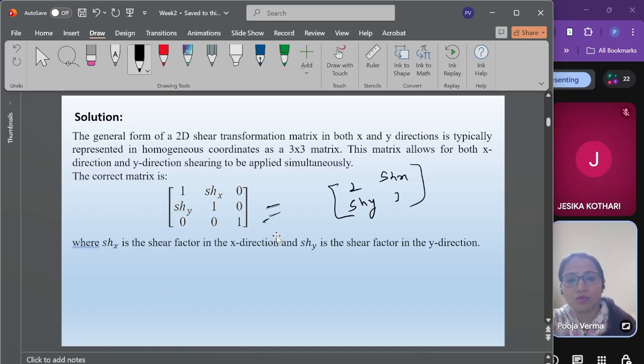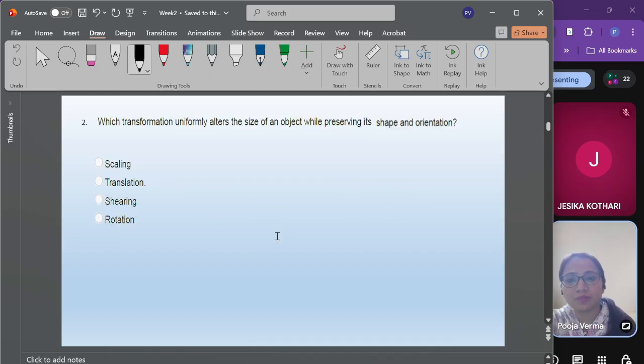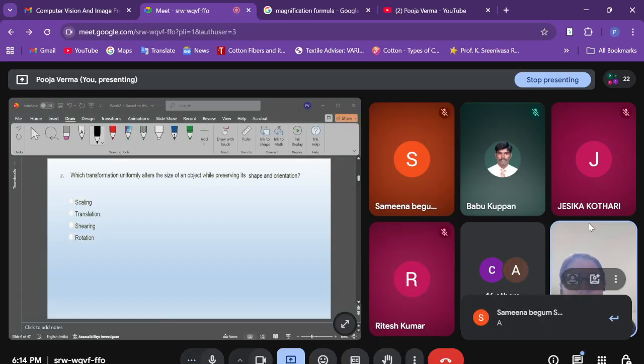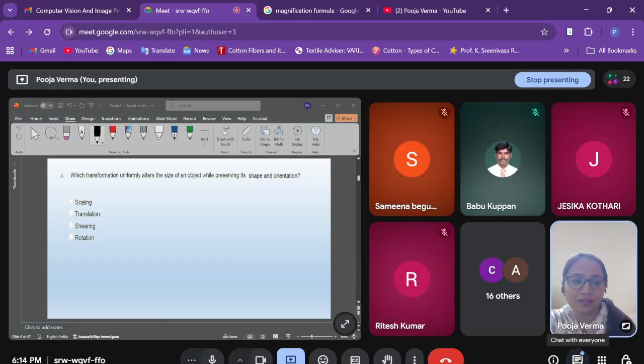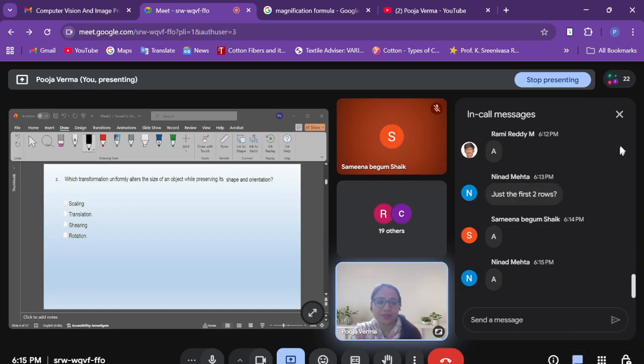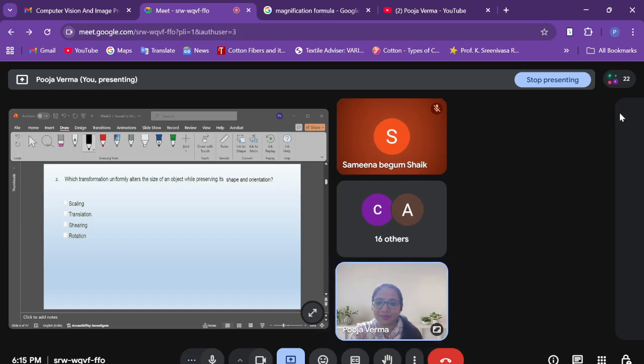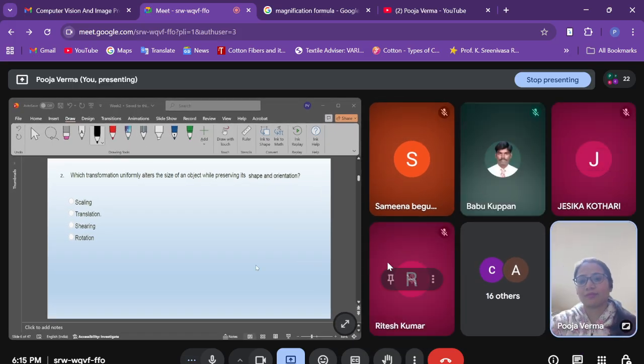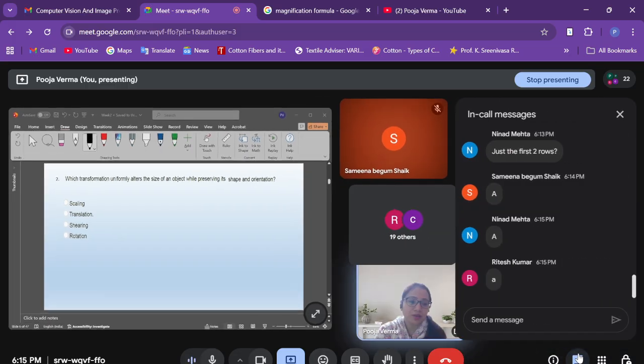Now moving to our next question. Which transformation uniformly alters the size of an object while preserving its shape and orientation? Answers are coming so fast. Others, please try to answer.